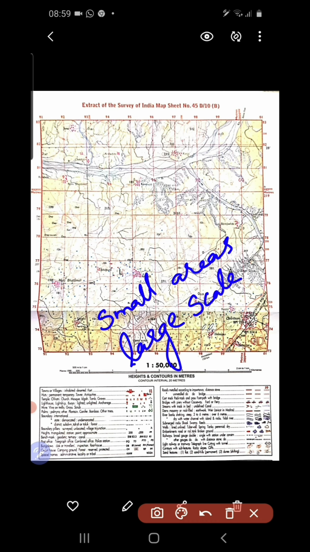Understood? Why large scale? Because for representing small areas we have to use a large scale. Then only we can make out all the minute details, even the small details, with the help of that map.